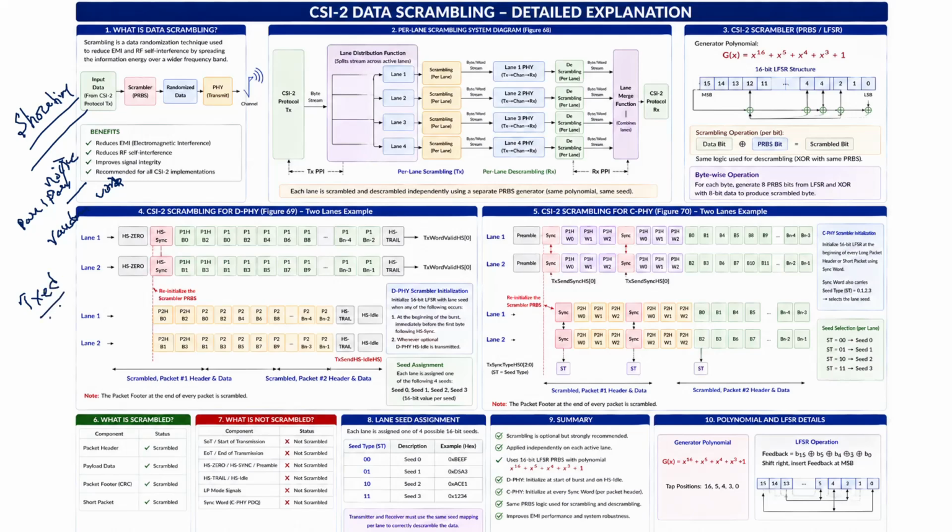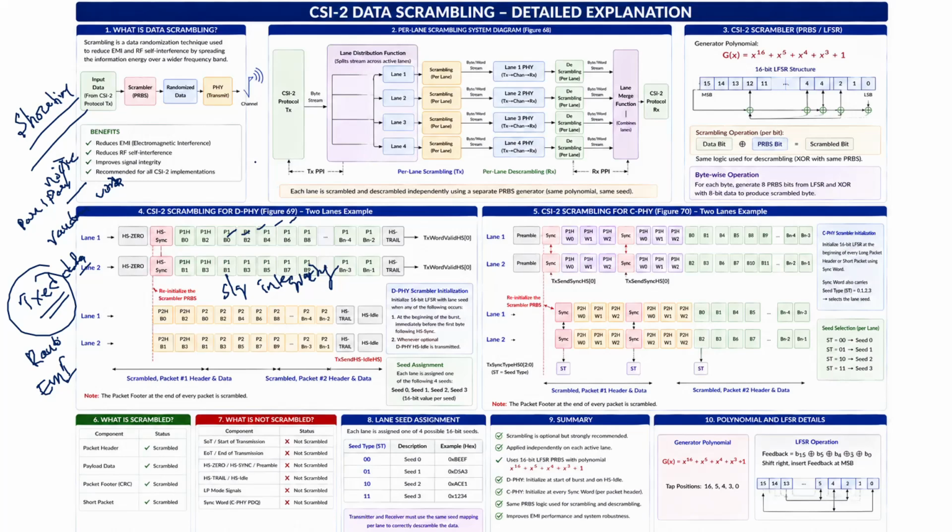When you transfer randomized data, it reduces EMI, that means electromagnetic interference will be reduced, signal integrity will be improved, and it prevents repetition of data. See, p1 p1 p1 p1 transmitted many times means we are losing our data.